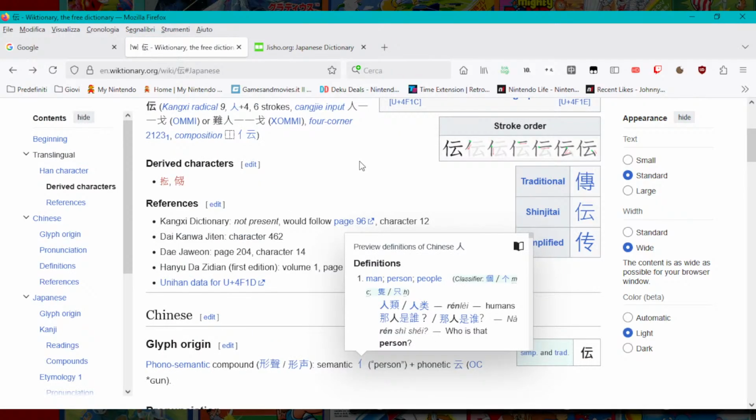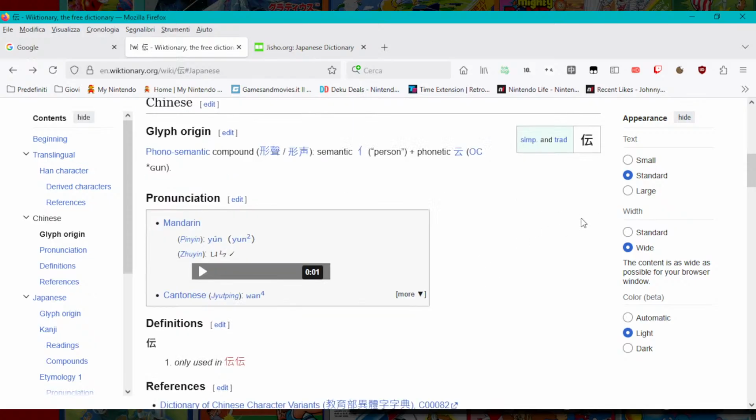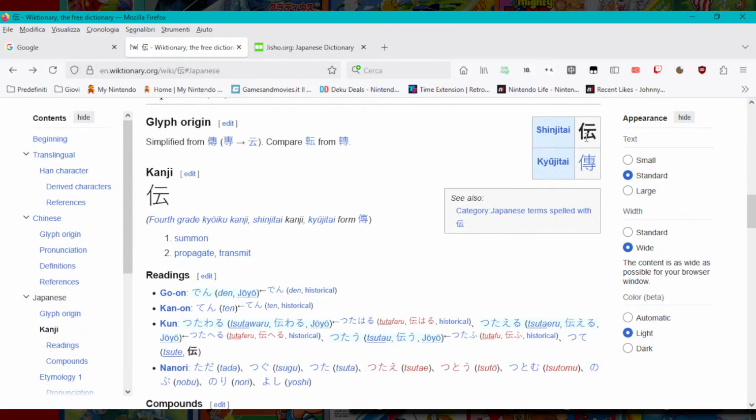Our den is a so-called phonosemantic compound because the part to the left is our radical, but also the exclusively semantic part. The one to the right is the phonetic one. That is, it indicates the pronunciation of the kanji in, of course, Chinese, and then the way that Japanese took it from Chinese.